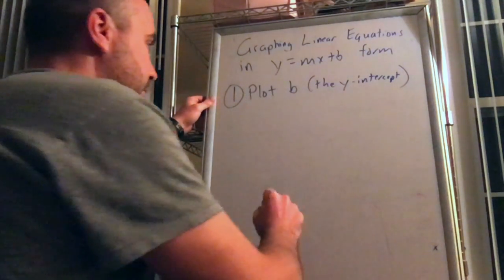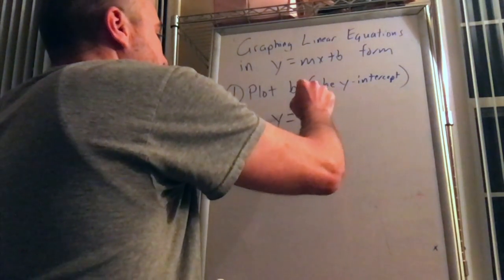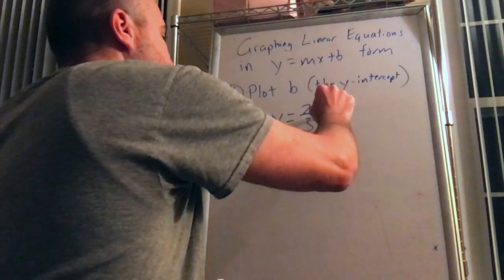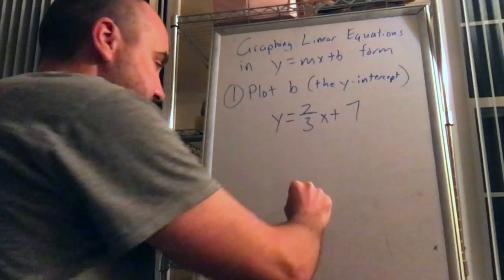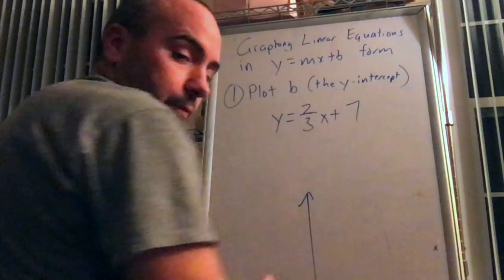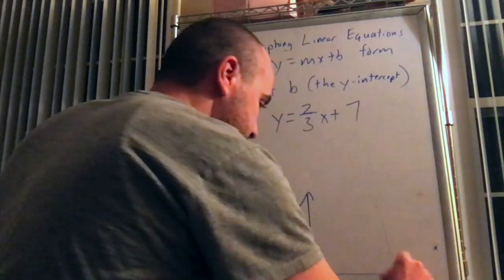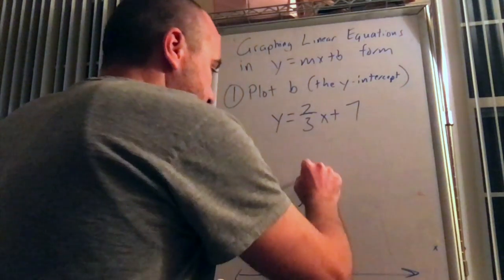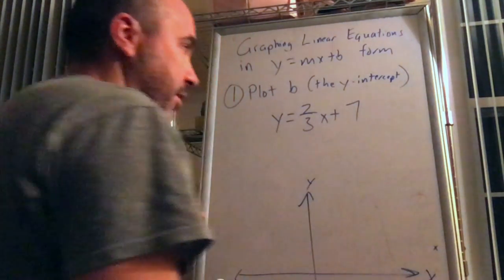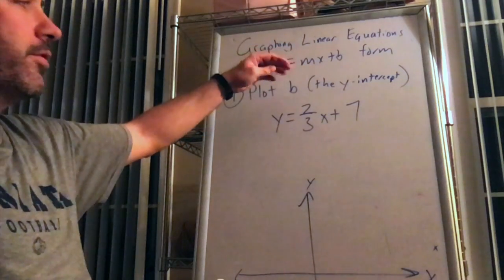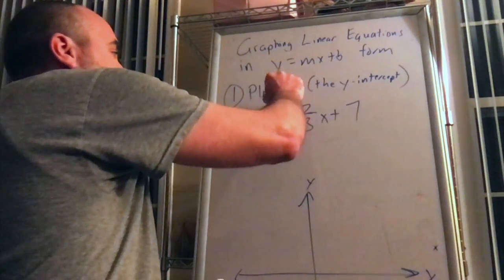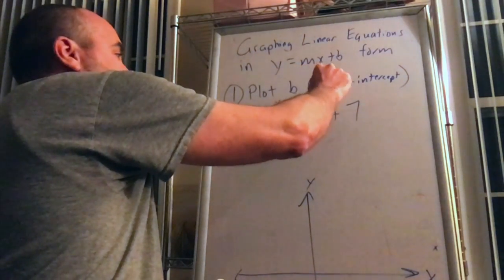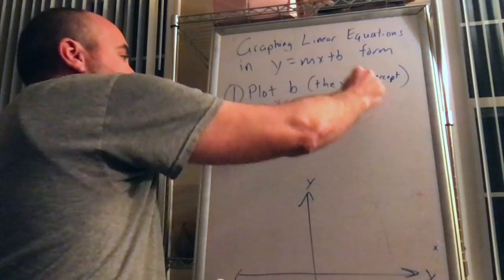Let me kind of give you an example here. Let's go y equals 2/3 x plus 7. All right, I'm going to make sure that I have room for everybody to see this graph here. So plot b, the y-intercept, if I'm looking at this as y equals mx plus b, the b is 7.